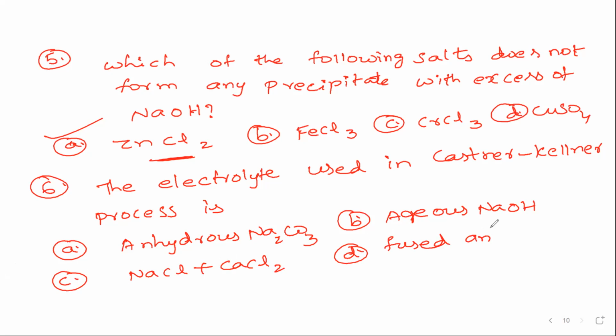Fused anhydrous NaOH. We have seen in the central compartment the electrolyte. So what is the electrolyte used in the Kastner-Kellner process? It can be anhydrous sodium carbonate, aqueous NaOH. So what might the answer be? You can write here itself. I'm writing here, please note it down.